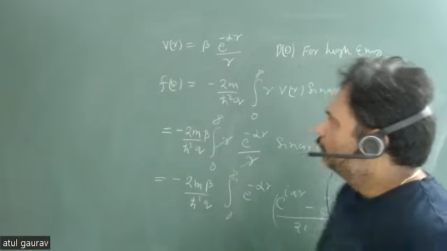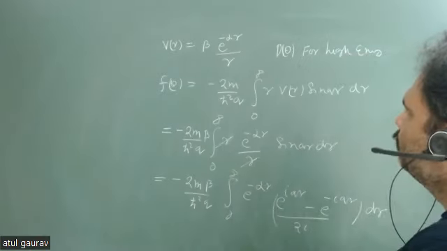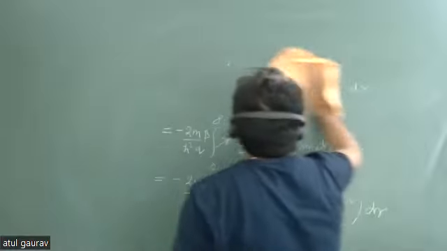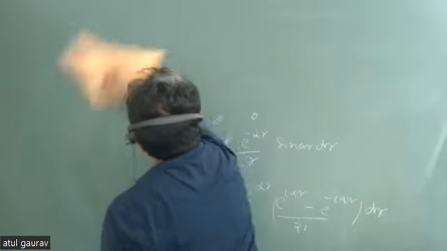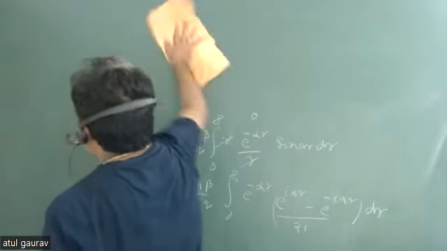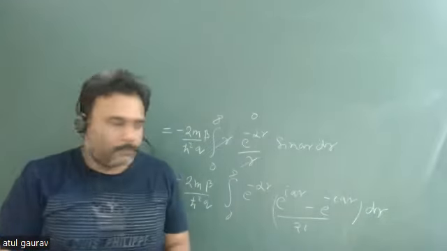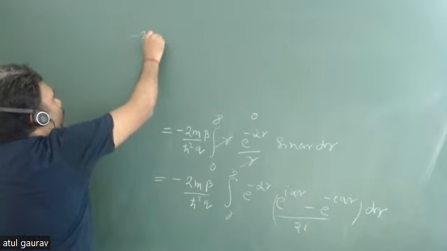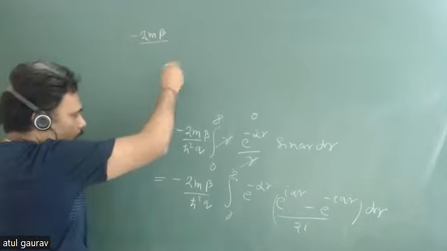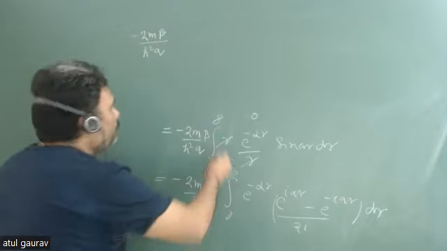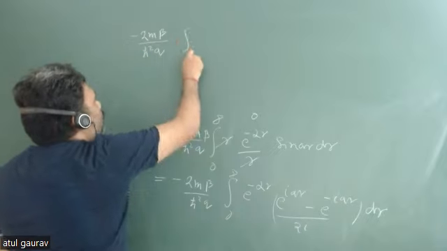ओके, सो नाउ लेट्स ट्राई टू गो फॉर दिस इंटीग्रेशन. ऐसा इंटीग्रेशन तो हम लोगों ने कई बार कर रखा है, इजंट इट? पूरे पर्टर्वेशन में ऐसा इंटीग्रेशन किया था. लॉट ऑफ प्लेसेस वी हैव डन दिस टाइप ऑफ इंटीग्रेशन. सो वी हैव minus 2mβ upon ħ² q, and this integration is 0 to infinity.